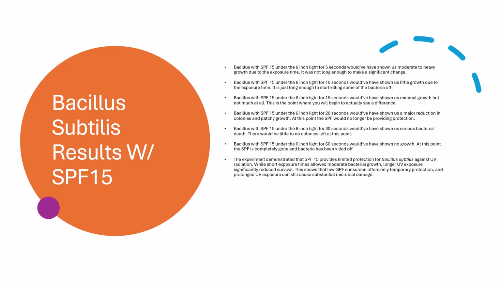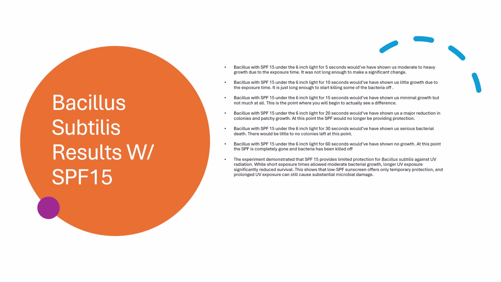This exposure time just wasn't long enough to make a significant change. Then it changes a little bit for 10 seconds. At 10 seconds, it would have shown us little growth, still due to the short exposure time, but it was just long enough to start killing off some of the bacteria.